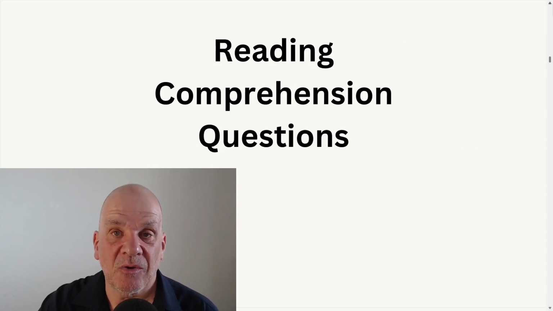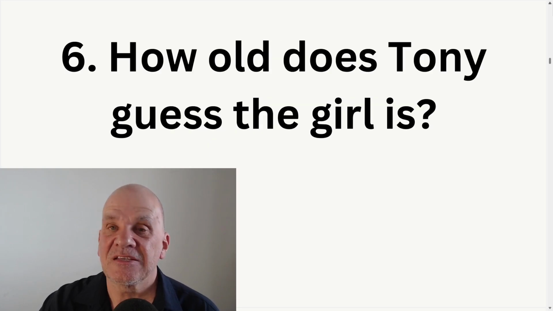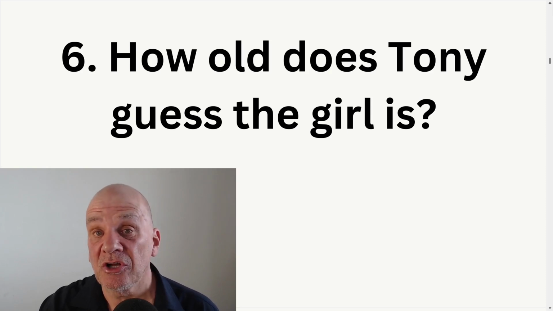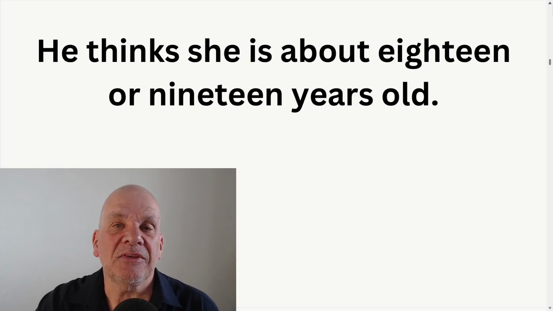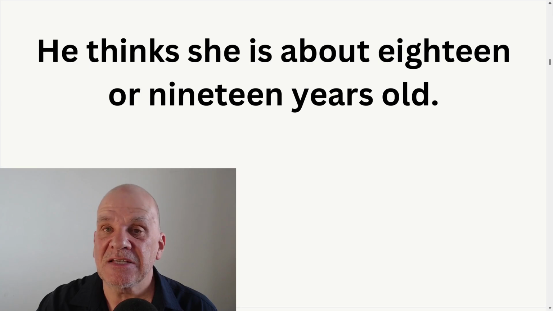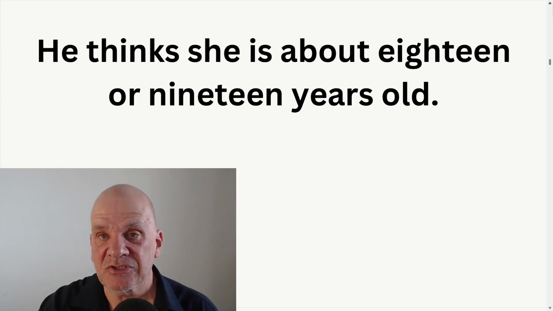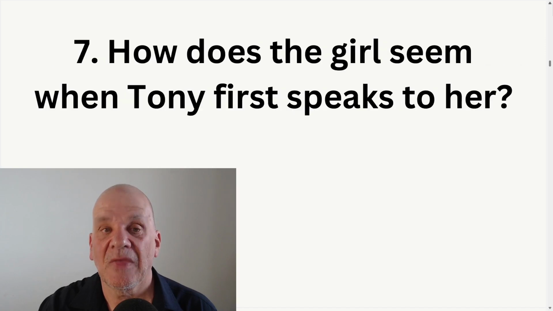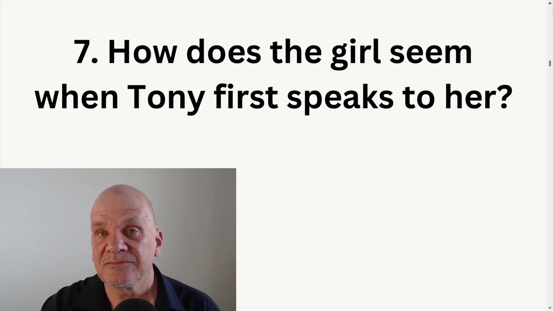Reading comprehension questions. 6. How old does Tony guess the girl is? He thinks she is about 18 or 19 years old. 7. How does the girl seem when Tony first speaks to her?